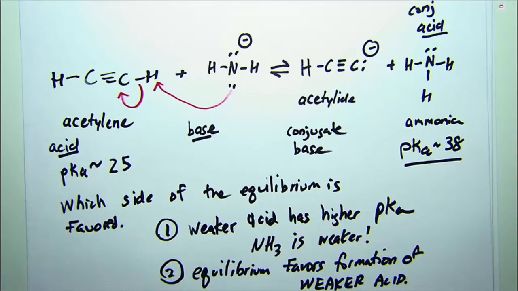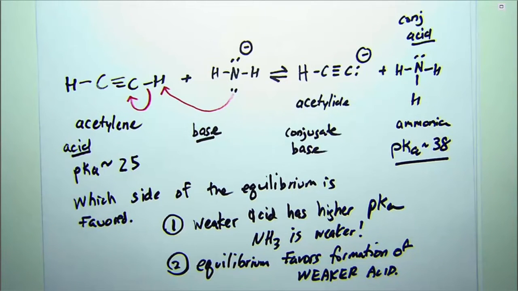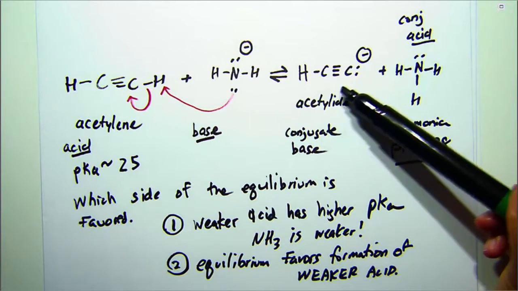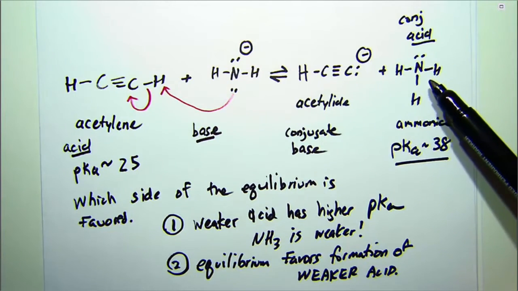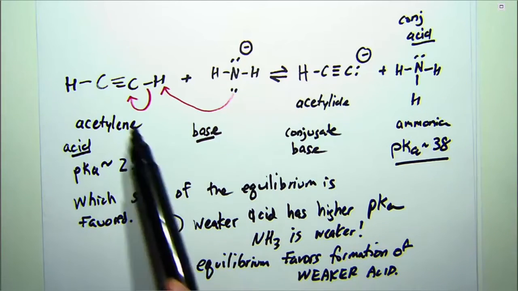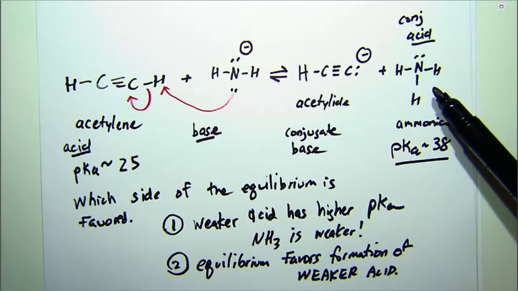So you guys can think of it as, if somebody really wants to give up their proton, they're going to form a relatively stable anion, and they're going to make an acid that is very weak and doesn't want to give up its proton. Right? So in comparison to acetylene, ammonia doesn't have a strong propensity to give up its proton. It's weaker.